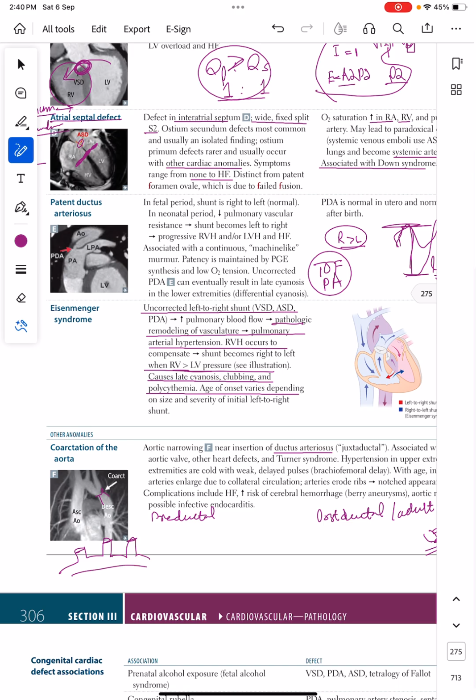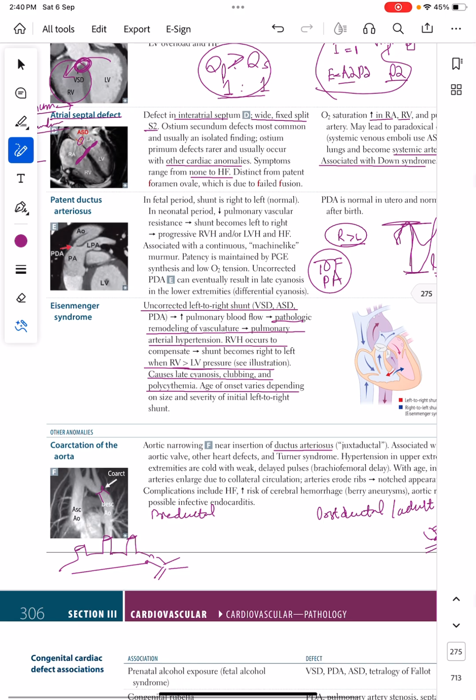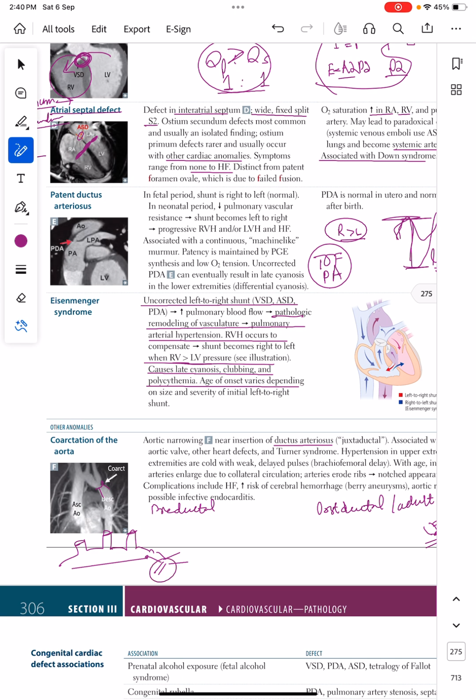The coarctation of the aorta is preductal, it occurs here, and after that there is the ductus arteriosus. So in this case the ductus arteriosus supplies the lower extremity. Because of that there is poor development of collaterals, and lower extremity cyanosis may occur. But the real problem happens when the ductus closes.